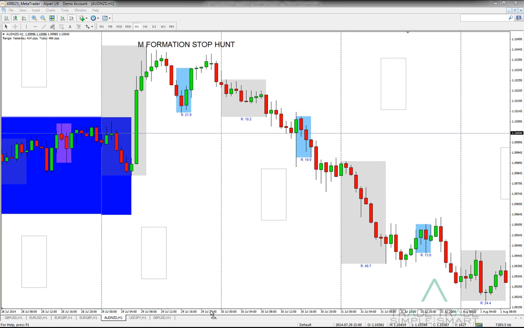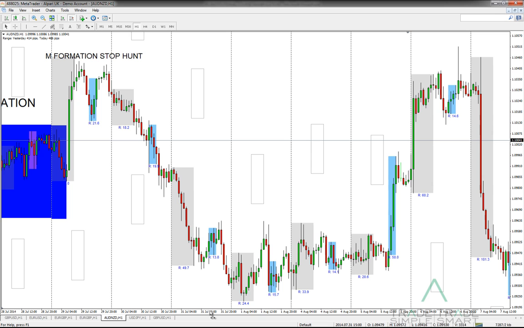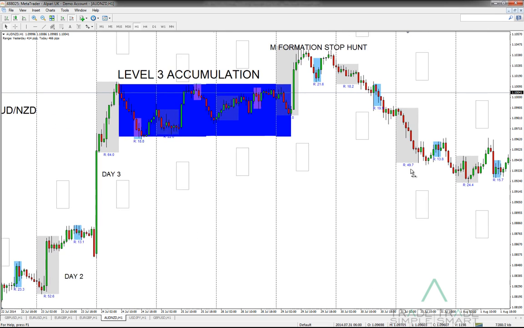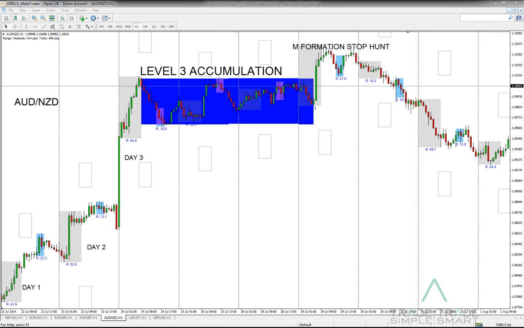Okay, so we have the exact same process that we have on a larger scale. So we have 3 levels of rise, we have an extended period of accumulation, we have a move against their intended direction, which is the stop hunt, which induces the retail traders into the wrong side of the market, and then we can see a reversal of the trend.